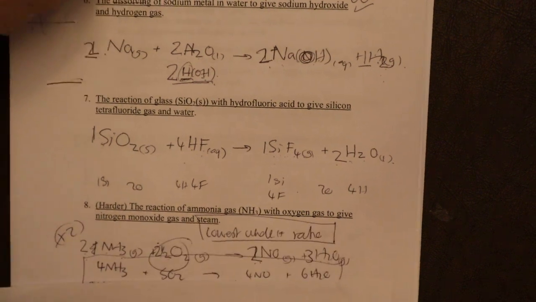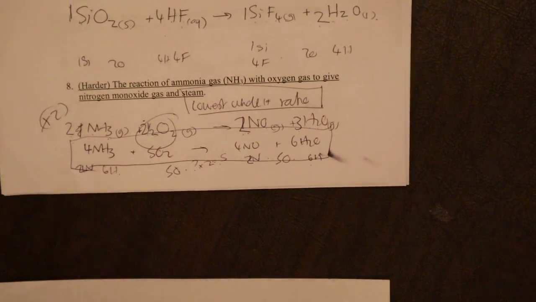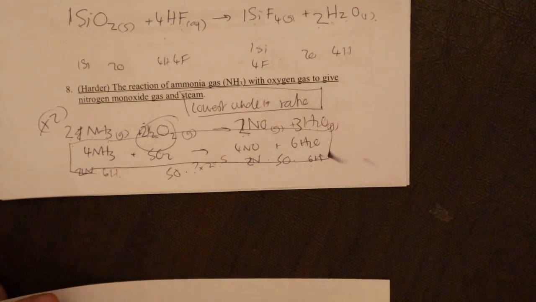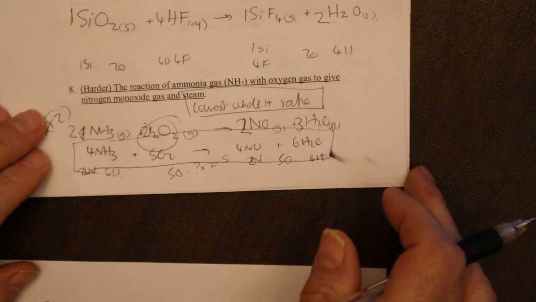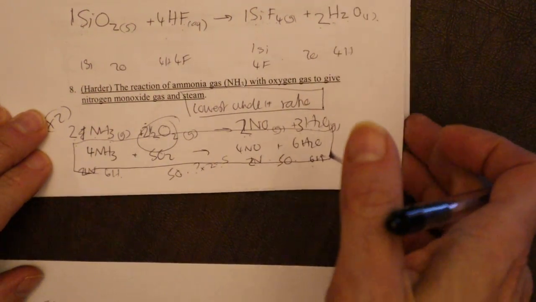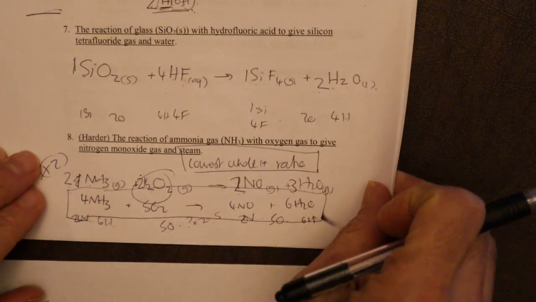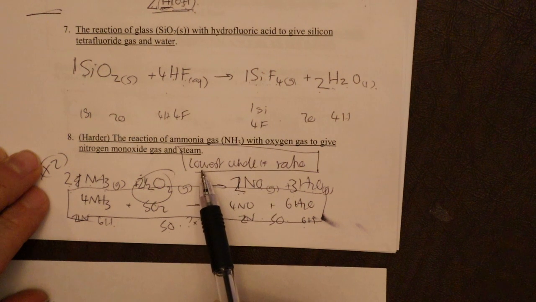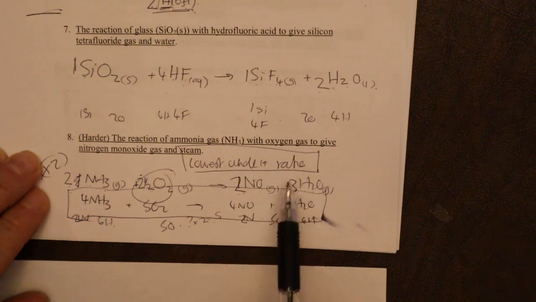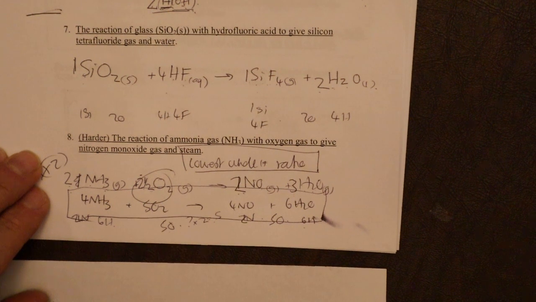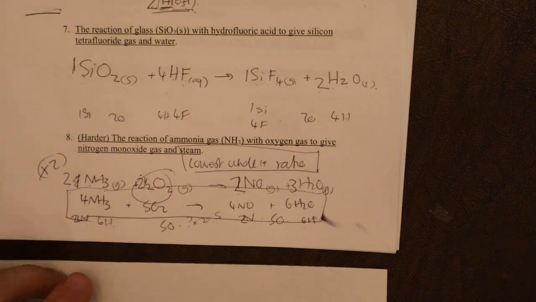Okay, last one. Now this one, a little bit tricky because it involves what we call crooked numbers. It's some odd numbers in the balancing, although what it does show nicely is the need to make sure you always have, when you do a balanced chemical equation, the lowest whole number ratio of coefficients. Okay, so let's show you that afresh.